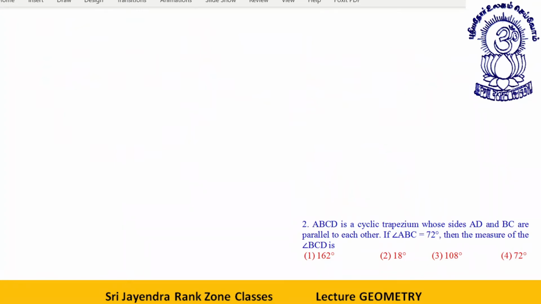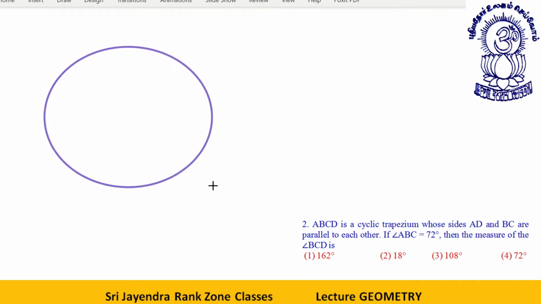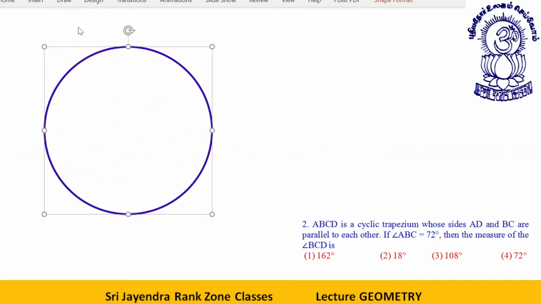So let's take the question now. ABCD is a cyclic trapezium. Let me draw a circle only. See, this is a circle. In this ABCD is a cyclic trapezium in which sides AD and BC are parallel to each other.